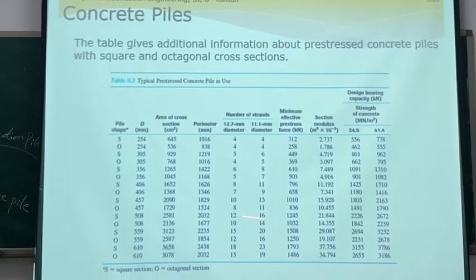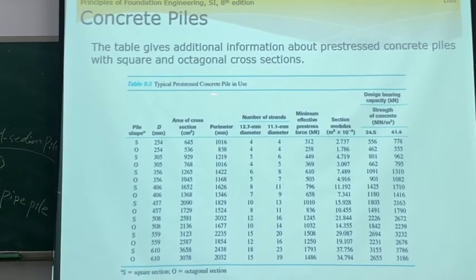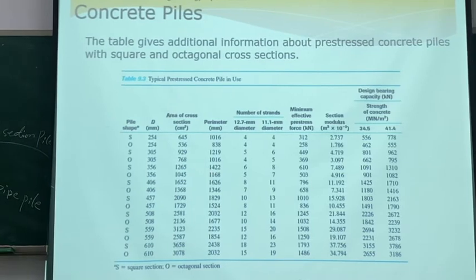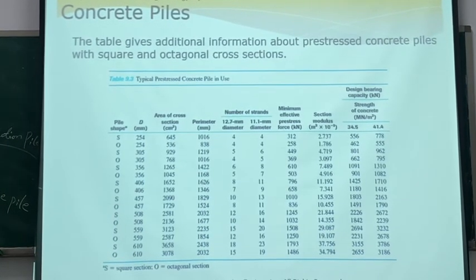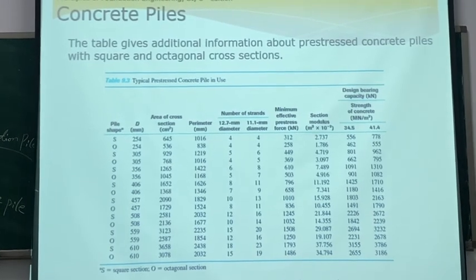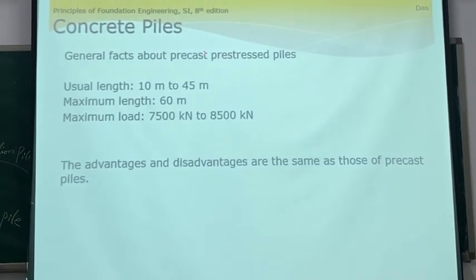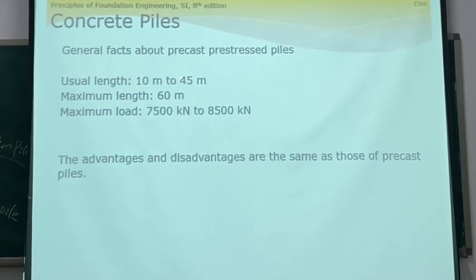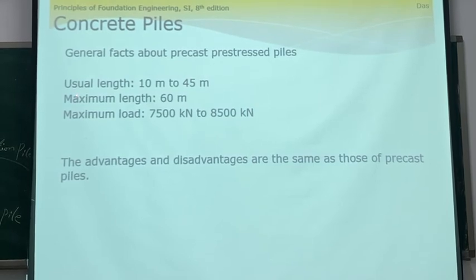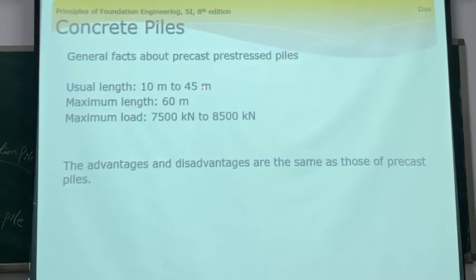So this is a table about the prestressed concrete piles in use. This is prefabrication. Different precast piles usually need 10 to 45 minutes, and the maximum may reach 60 minutes.